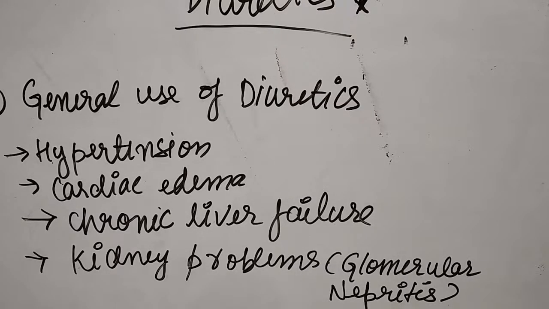So the general purposes are hypertension, cardiac edema, chronic liver failure and kidney problems like glomerular nephritis or renal failure. These are the conditions in which we mostly prescribe diuretics.